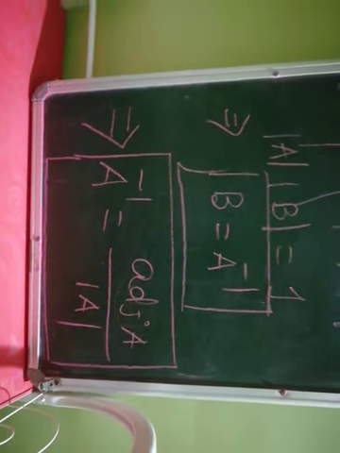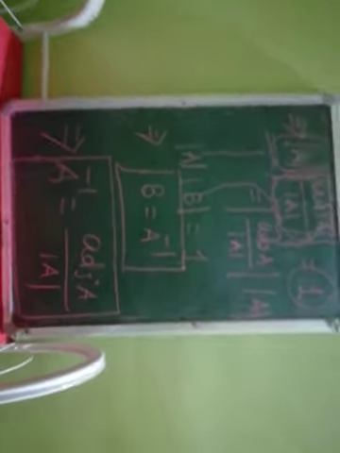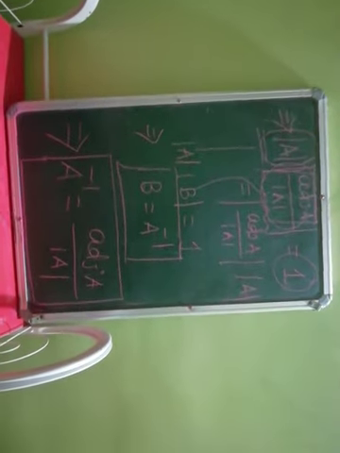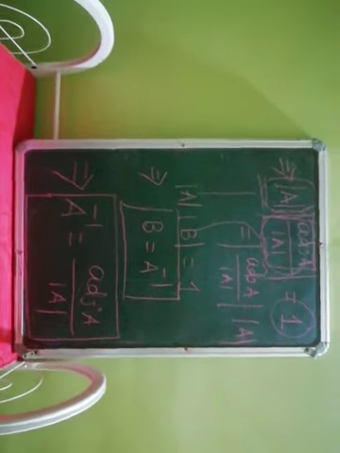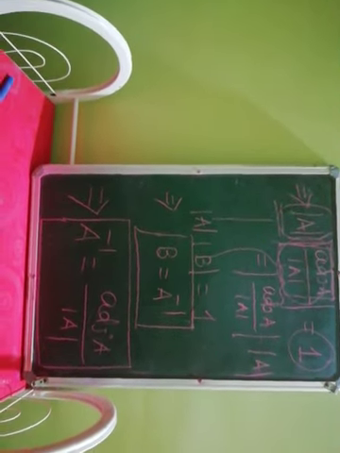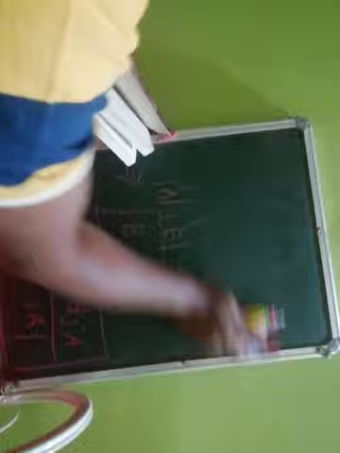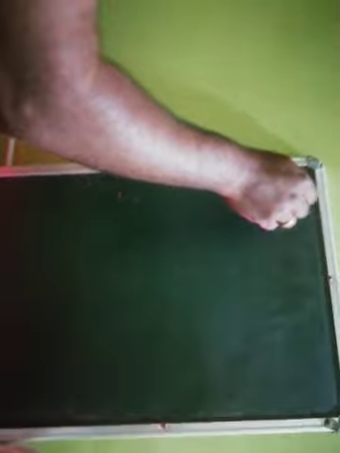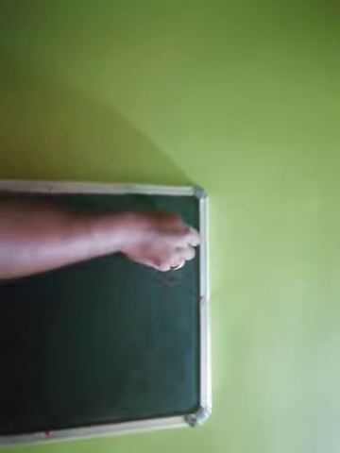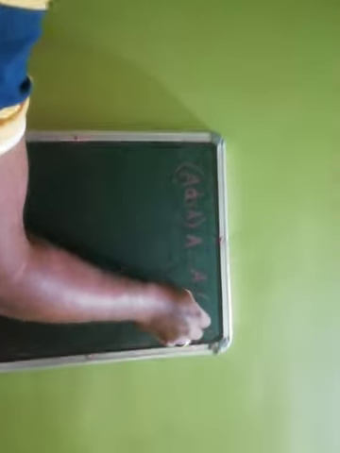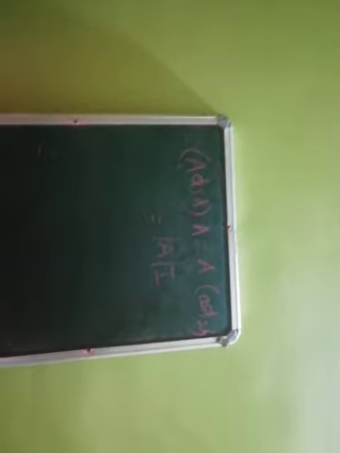So here we had discussed certain properties. Let me again revise those properties, then we will move ahead. The properties, or the standard results, were as follows. First property was adjoint of A into A, or A into adjoint of A, is determinant of A into I. Then another one was, if A is a non-singular matrix, then AB and BA are also non-singular.